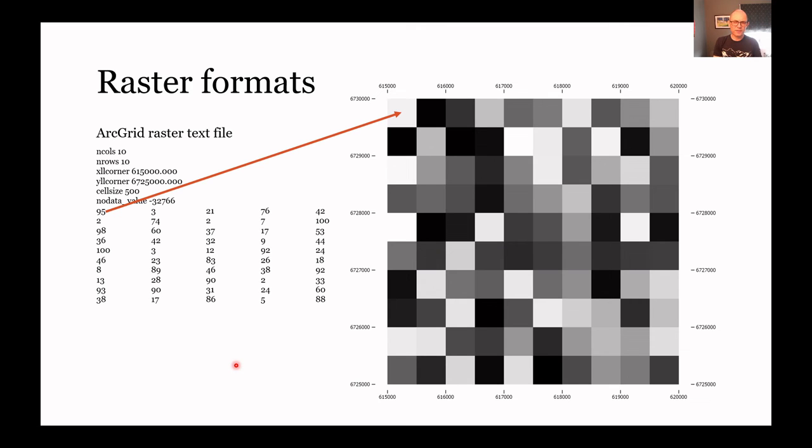A lot of decent GIS software will be able to handle most formats. GDAL, which is an open source command line tool, actually incorporated into things like QGIS and even Esri's products, can read many different formats. It's good at that. So let it handle that. And this ArcGrid format is one of the text formats that it can handle for raster.